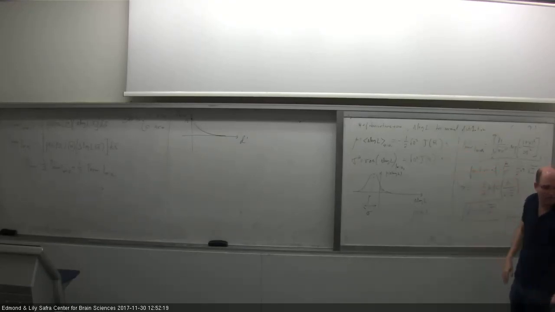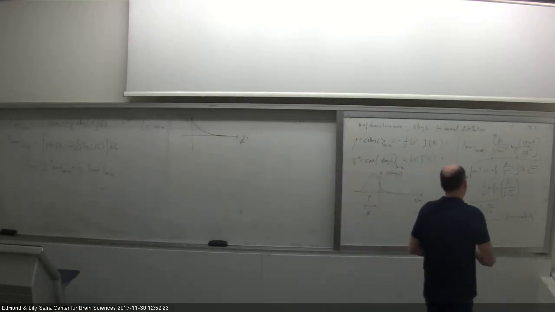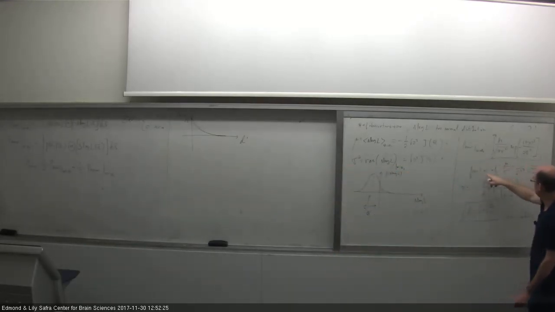And how did you extract d prime? Well, even without knowing how to express this integral, it's obvious that it has to be a function of mu over sigma.